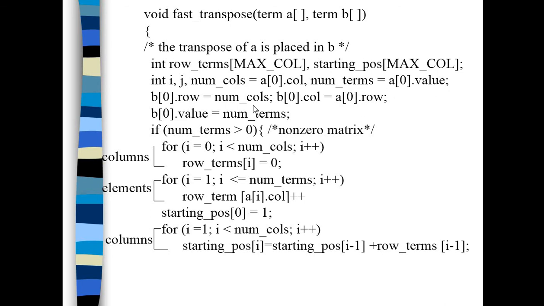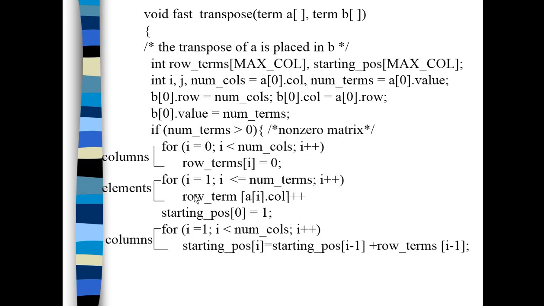The number of columns will be copied to rows, and the number of rows will become columns in the transpose matrix, and the number of non-zero elements will remain the same. If the number of terms is greater than 0, then for i from 0 up to the number of columns we repeat, because for the transpose matrix they will become the row values. Then we initially set all the row terms elements to 0.